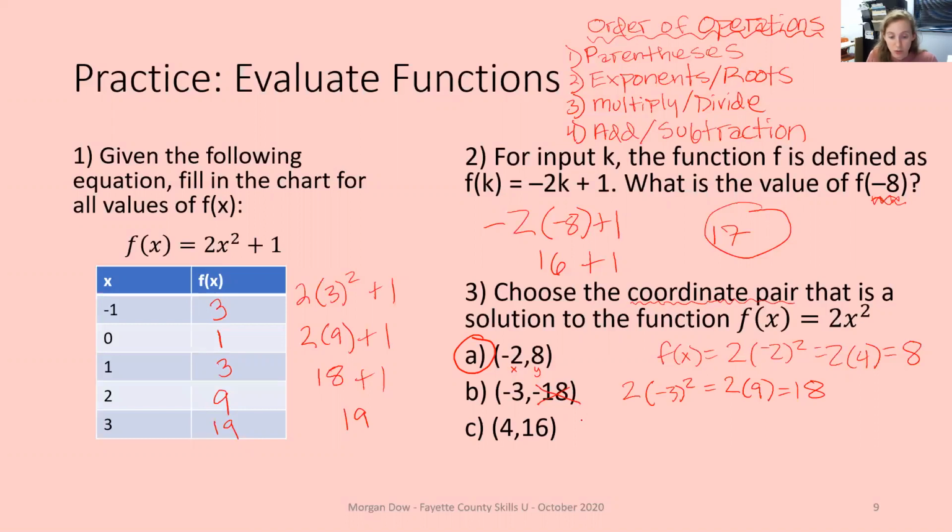So choice B will not work. And let's do the same thing with choice C. 2 times 4 squared. 4 squared is 16, so that's 2 times 16, which is 32. So for this particular function, when you input 4, you get an output of 32. So choice C is not going to work.